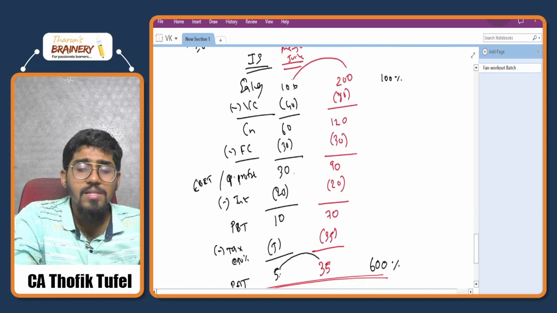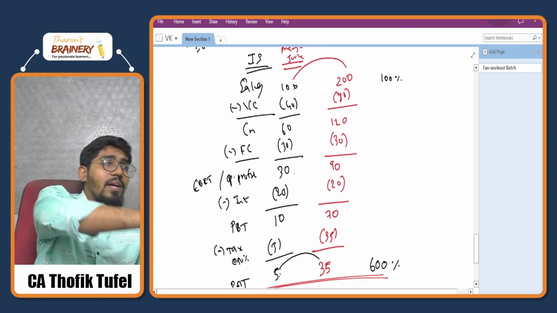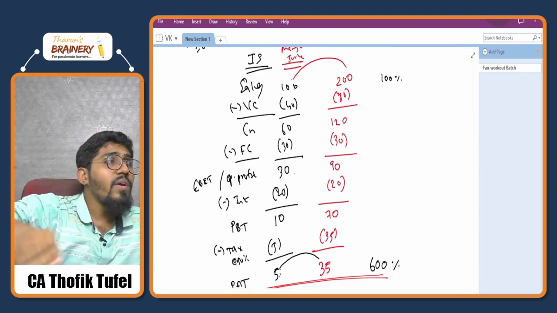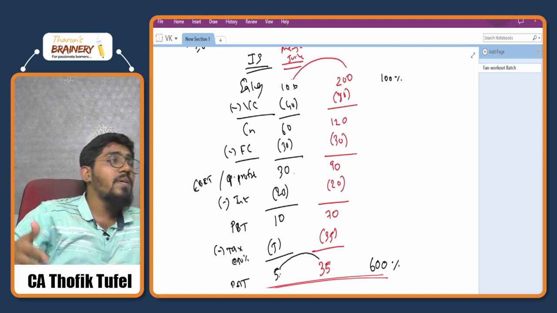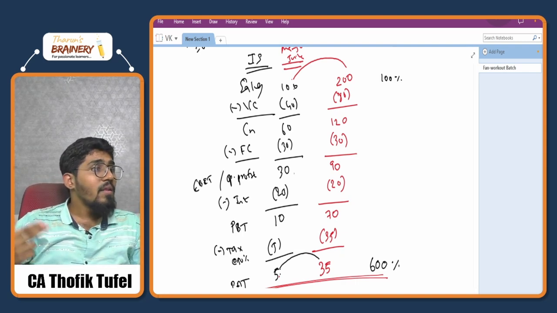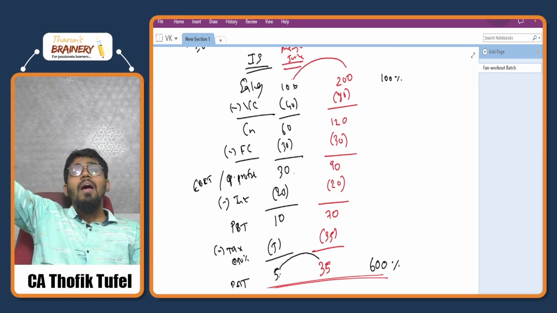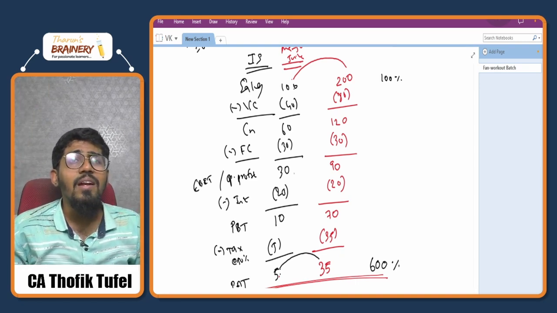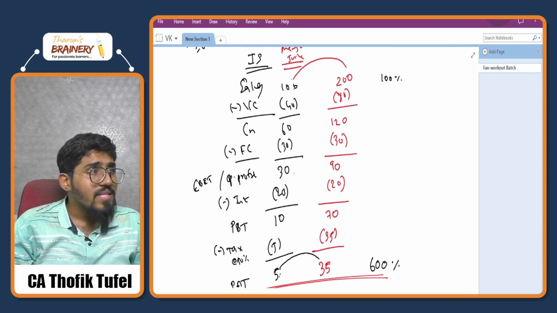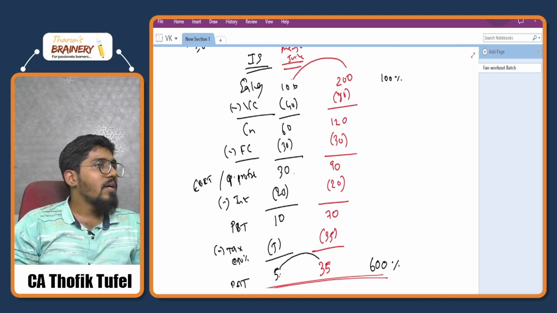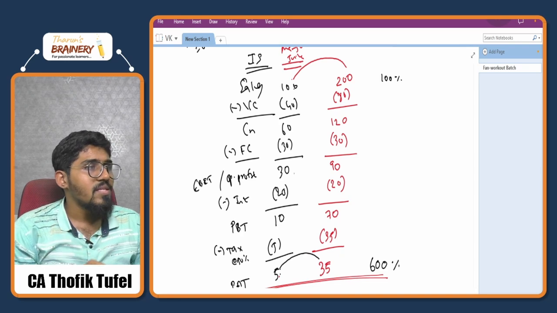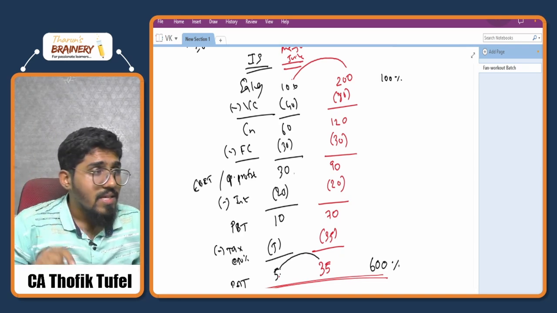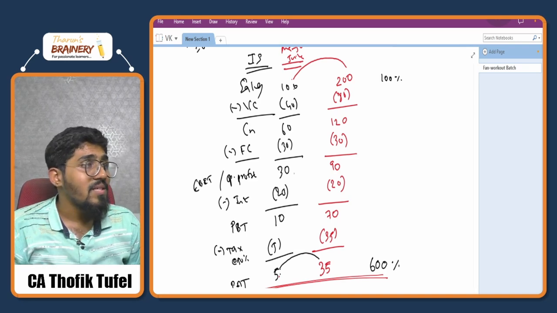Sir, which means if I am increasing my sales by 100 percentage, my profit is increasing by 600 percentage, which means 6 times. Correct? 6 times increase is there. Clarity irka? If 1% increase in sales is there, that is a 6% increase in profit.